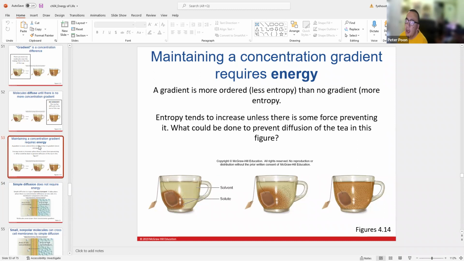A gradient is more ordered than no gradient. Entropy tends to increase unless there's some type of force preventing it. What could be done to prevent this diffusion of tea in this figure? You can literally push the tea back toward the bag.